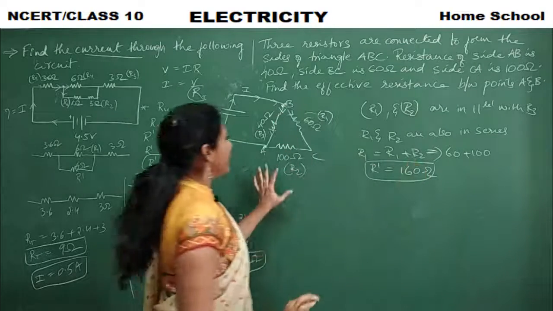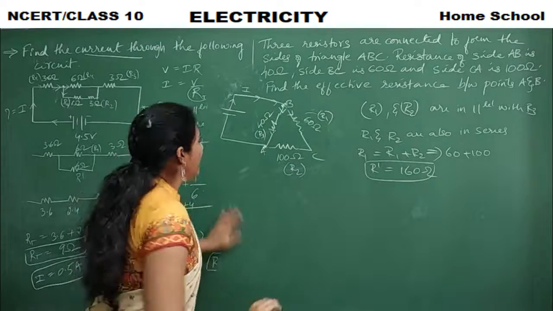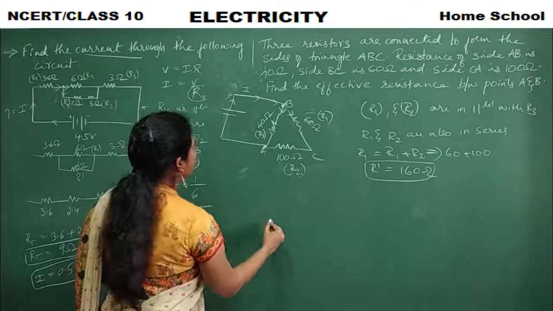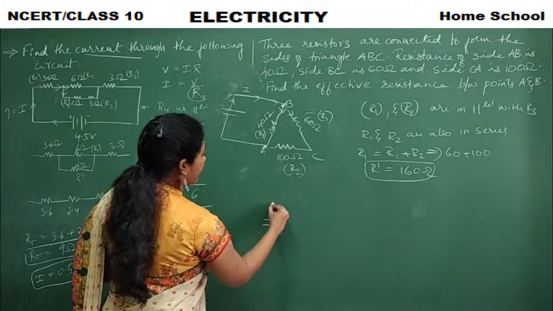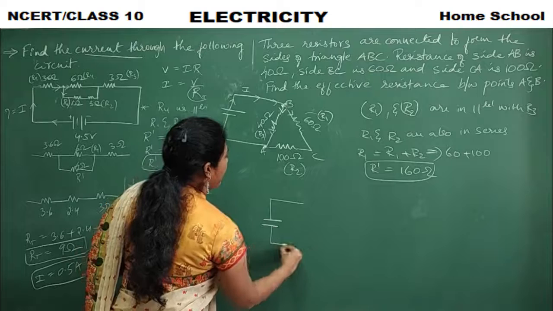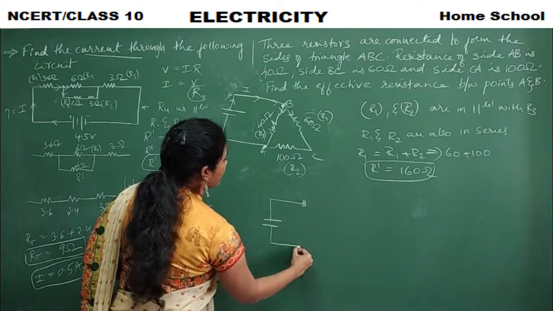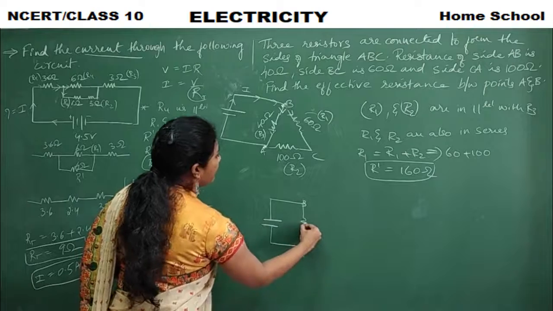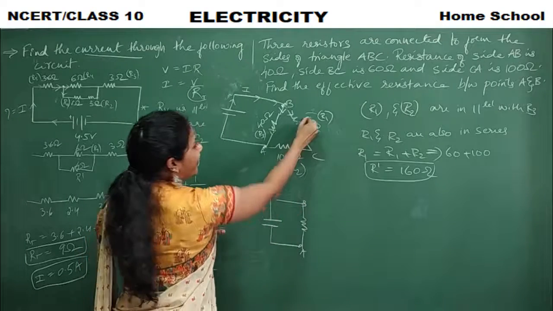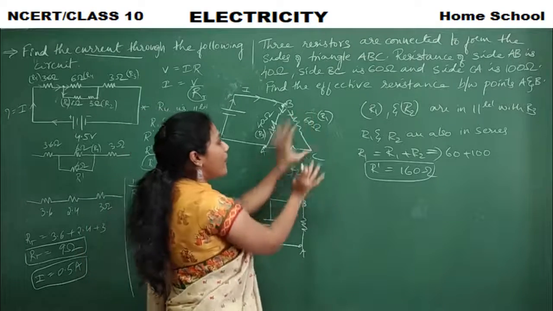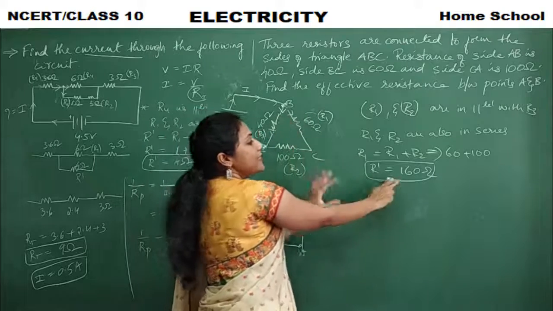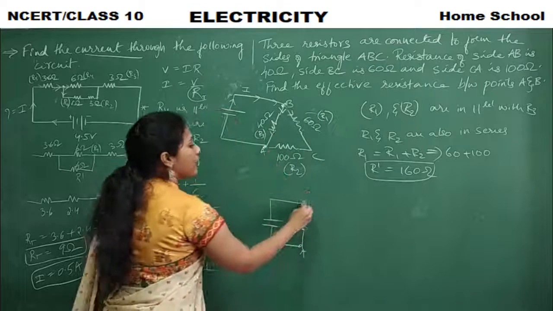Now I will simplify my circuit so that you will understand better. See, now what do I get? This is our battery. This is point B, this is point A. Here you have a resistor and I joined both of them. It has become one resistor with 160 ohms.